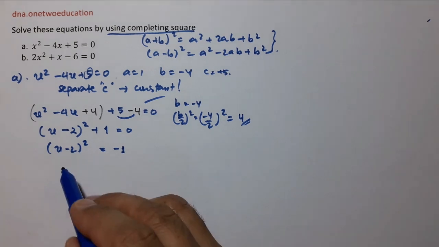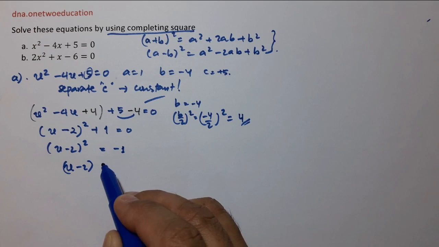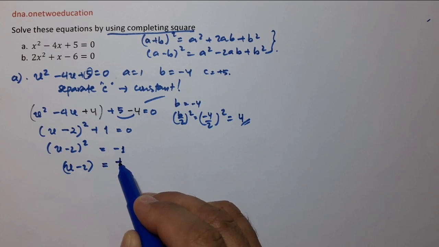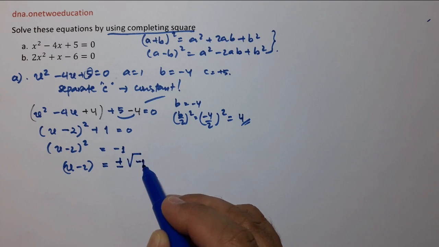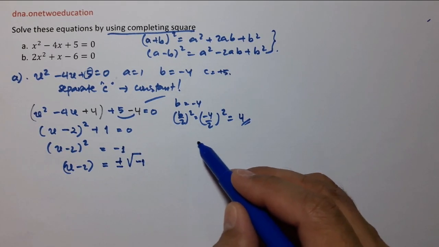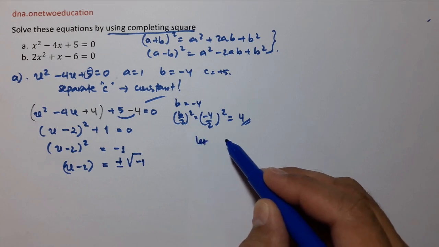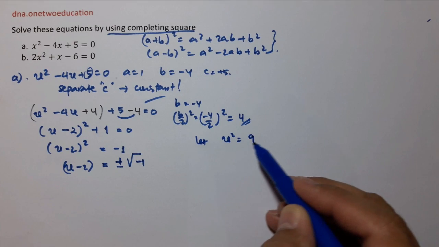So x minus 2 equals plus or minus root of minus 1. I want to give you an example. Let x squared be 9. This is only an example.